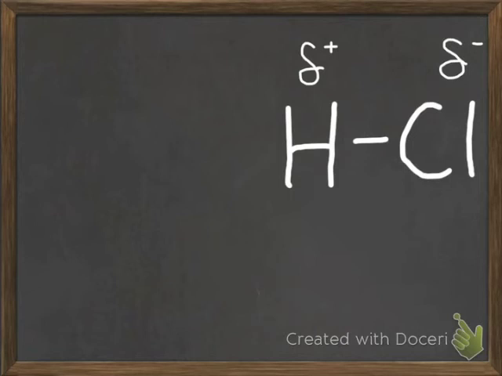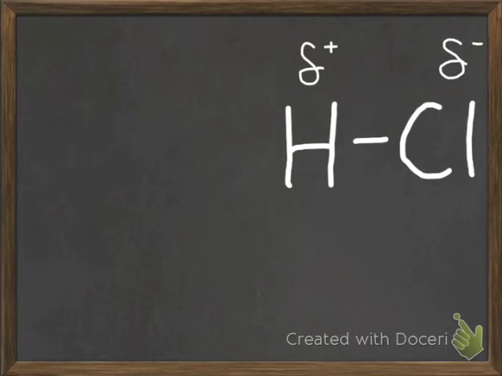That means that chlorine is the more electronegative atom, and it's going to want to pull electrons towards it. So the chlorine atom has a higher electron density. Chlorine is bringing more electrons closer to it, and it is taking on a partial negative charge.